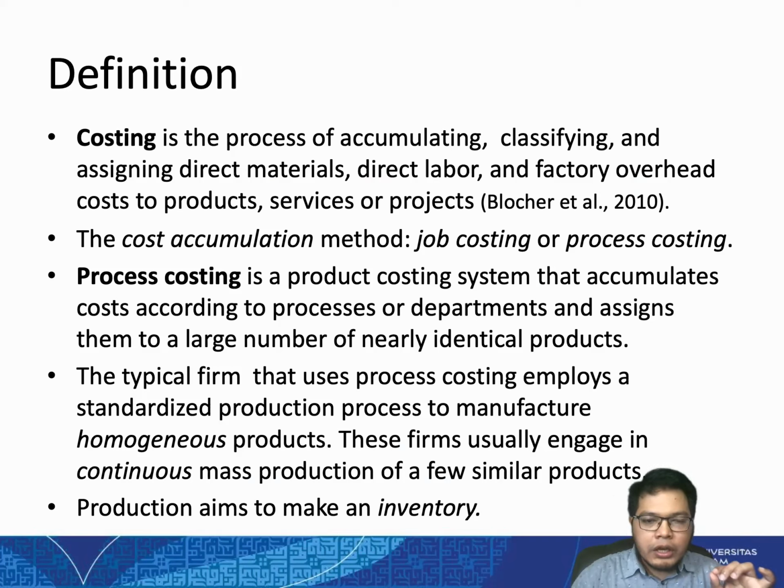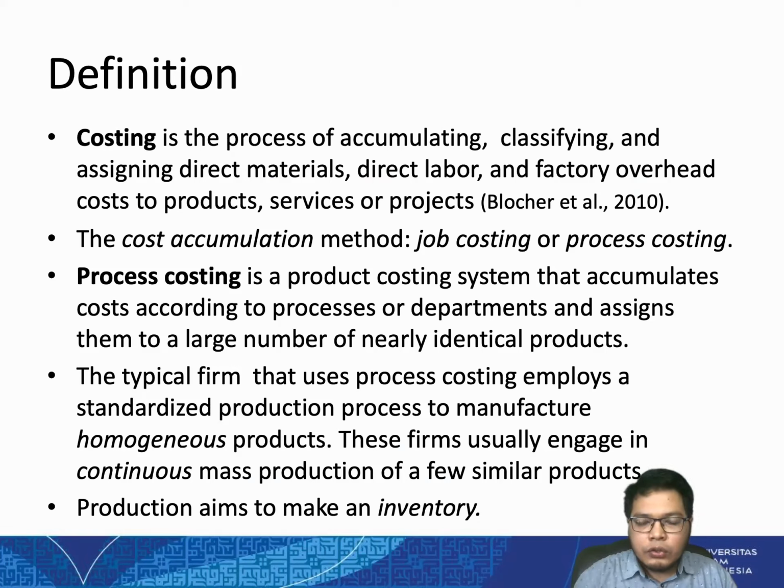Okay, then production aims to make an inventory. So basically in here, instead of a one-time job where we finish by order, the production aims to make inventory, to create stock. So we produce based on the forecasting that we already made, and after we produce, we keep them in the inventory, so that later on when the sales or marketing department wants to sell, they will go to the inventory.